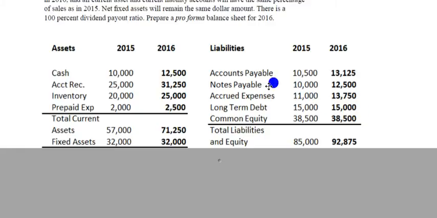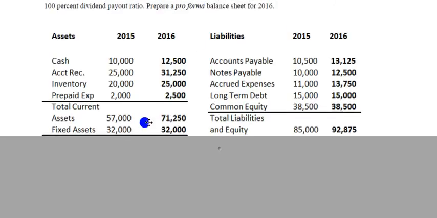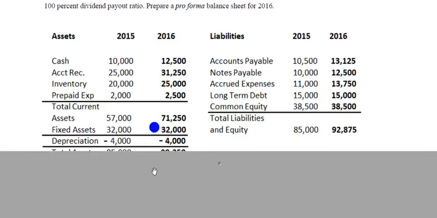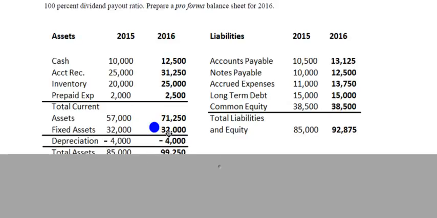Now, when they say net fixed assets will remain the same, then we know that, of course, fixed assets aren't going to change. And the reason they're saying net is that in order to get net fixed assets, we subtract whatever the accumulated depreciation is.